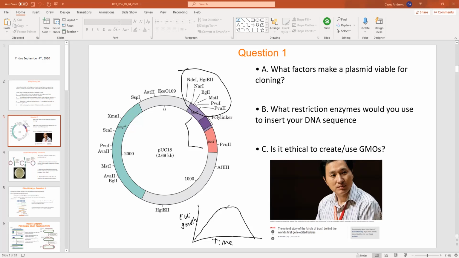And then the population will just plateau where the solution can't handle any more E. coli. You're running out of resources. And then the E. coli will just die off because there's not enough food to go around. It's becoming too crowded. And so the E. coli will just start dying.